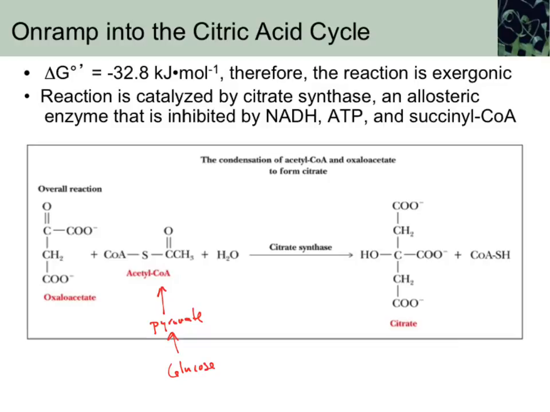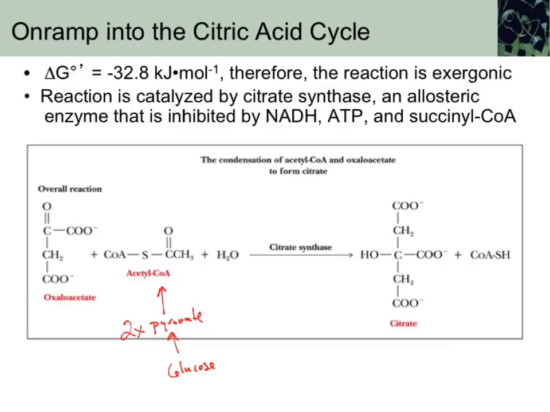How many pyruvates were produced from glucose? Which means when we run the Krebs cycle, we're running it twice for every glucose molecule. So we have to be careful on where we're looking at to see how much energy production is coming out. Typically, the question is, given one glucose, how much stuff do I get? Okay. But it could just as easily be switched to, given one pyruvate, how much do I get? So be careful in your frame of reference on what's happening within the citric acid cycle to make sure you're answering the question that's asked.